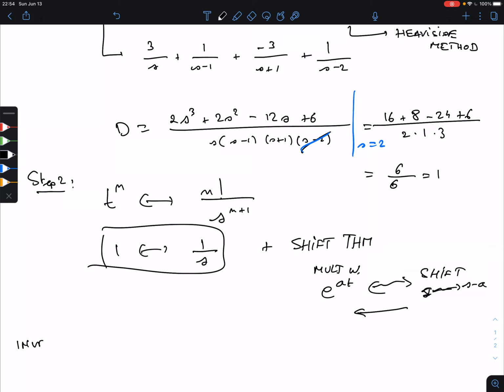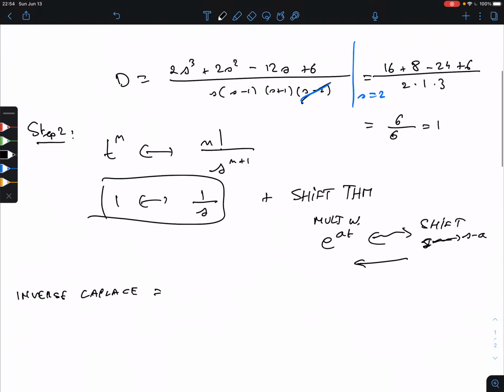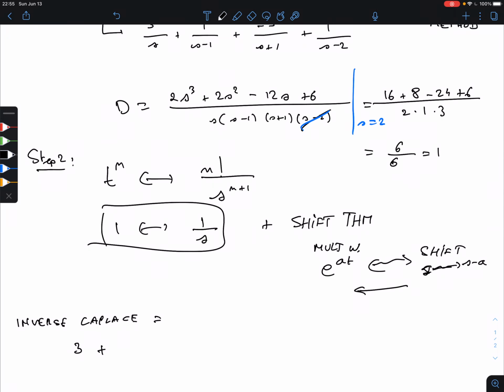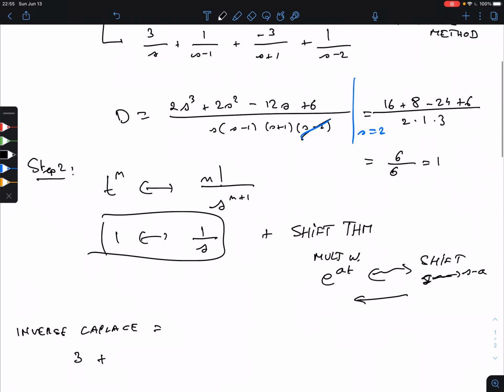So the inverse Laplace, let me just spell it out, is equal to, well, there is no shift, so it is just 3. Then the next one, the coefficient is 1, but there is a shift by 1, so that would be e to the t. Yes, s minus a corresponds to e to the power at, so be careful with the signs here.